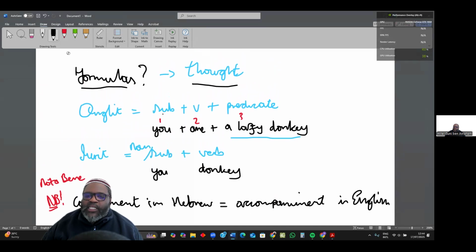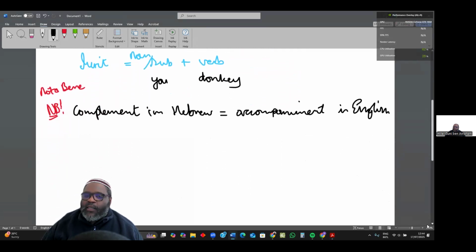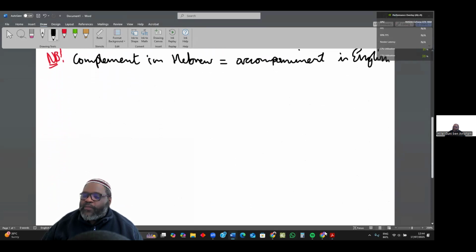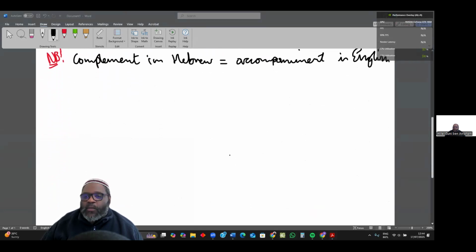For example, when we think in English, we say subject, verb, and predicate in a simple sentence, which is you are a lazy donkey. We don't need this in Hebrew. We just say you lazy donkey, or you donkey, right? We sound like Mr. Miyagi in Hebrew, translated into English. Now, let's go to modern Hebrew and get some examples.